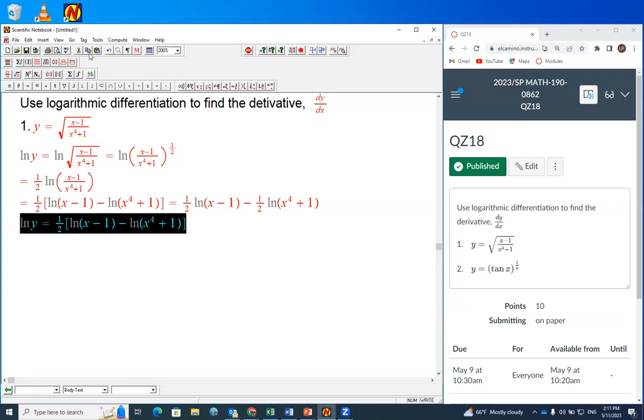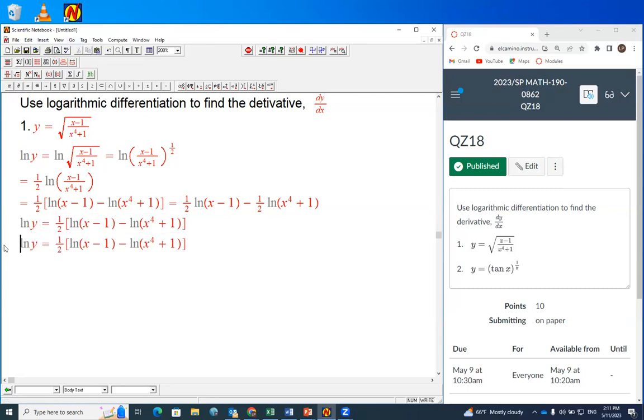So then we're going to take a derivative on both sides. We take d/dx, right? We differentiate on both sides. And when we take a derivative on both sides, since half is a constant, we can put it behind the constant.